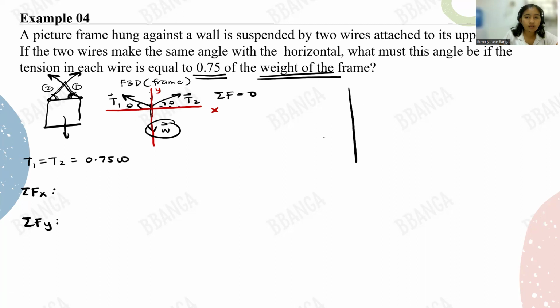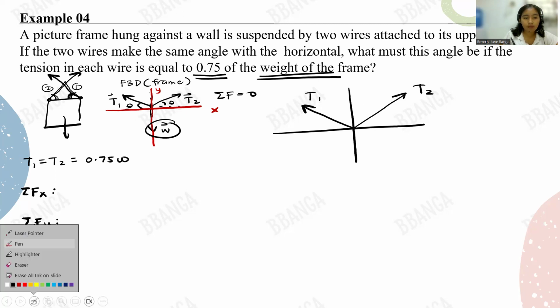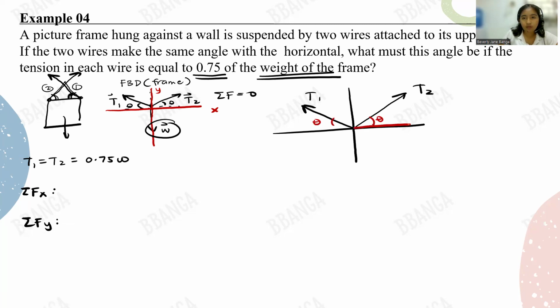So, kung lalagyan natin yung drawing natin, ito si T2 and ito si T1. No? And meron na naman tayo dito yung theta, ito rin yung isang theta. Meron tayo dito T2x at meron tayo dito T2y. Ganon din dito. You have T1x and you have T1y and you have the weight here.